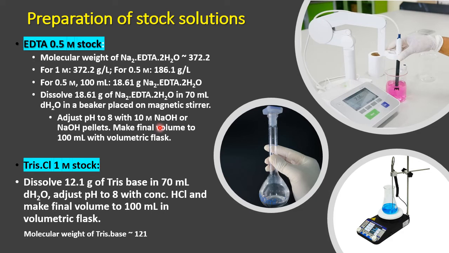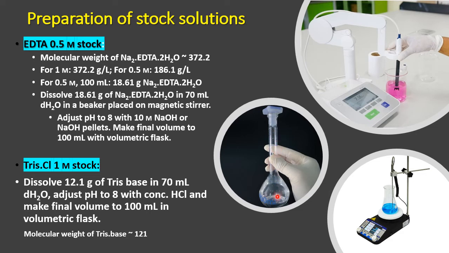This solution will become clear only when it reaches a certain pH. Otherwise, no matter how you try to dissolve it, it won't dissolve. And finally, this is one of the volumetric flasks. When your pH is set and the whole material is dissolved, you transfer this very carefully to a volumetric flask, and there is a mark on it, and you make the volume up to that mark.